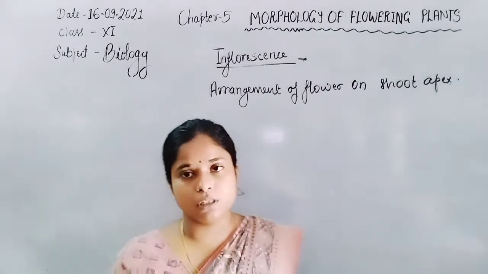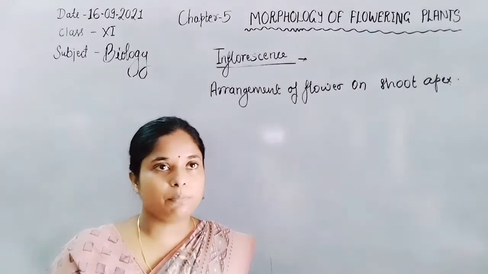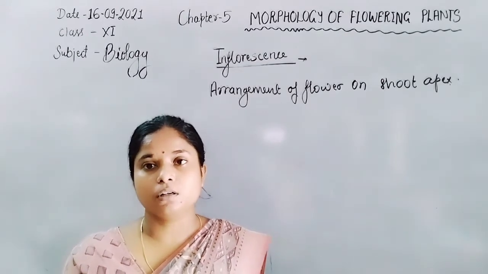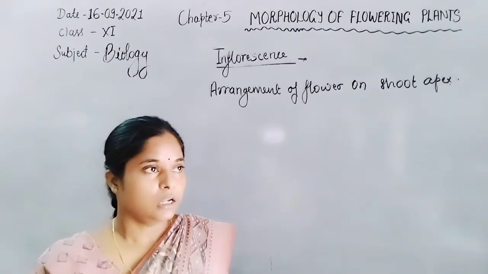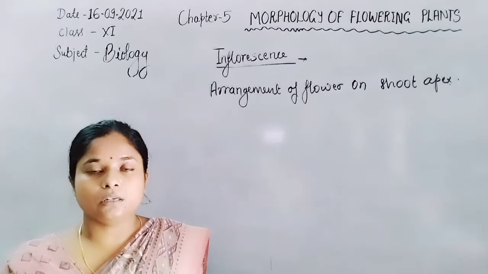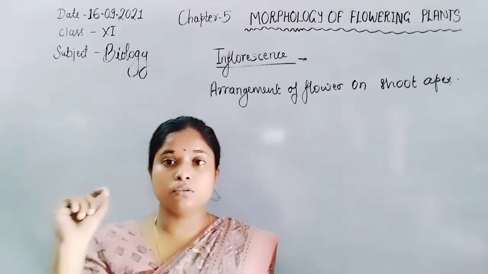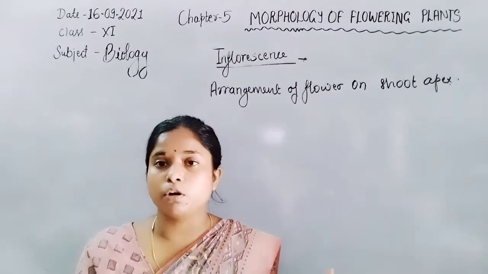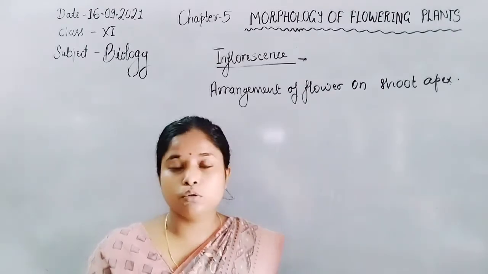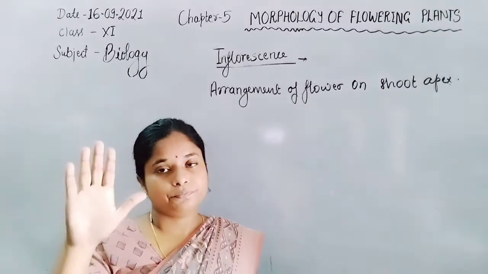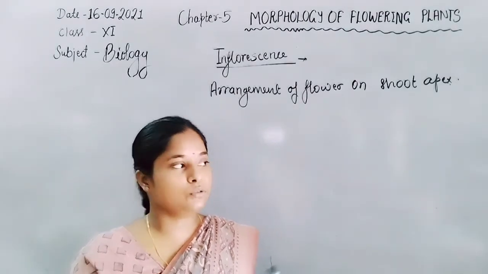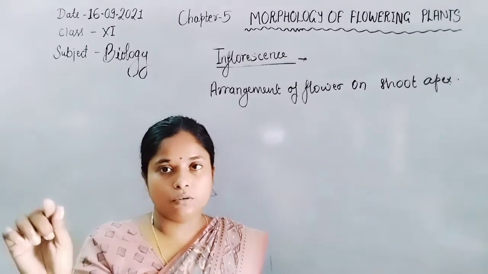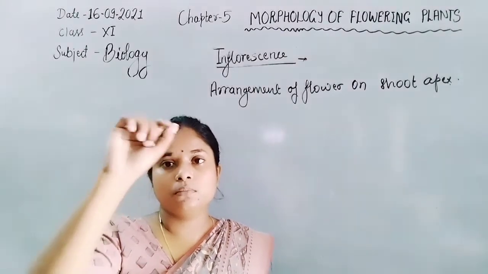Through the flower meristem. The shoot apex meristem is always converted into the flower meristem for the formation of flower. We know that each node gives rise to a leaf, but during the modification process, during the formation of flower, each node gives rise to flower parts like calyx, then corolla, androecium, gynoecium.